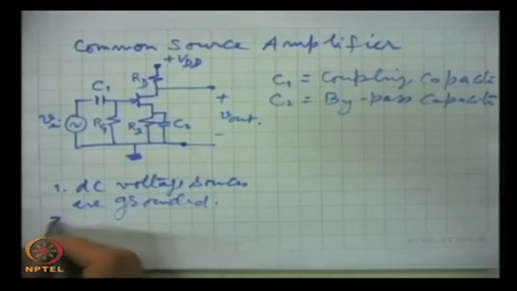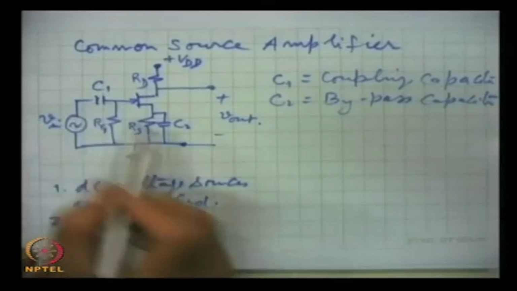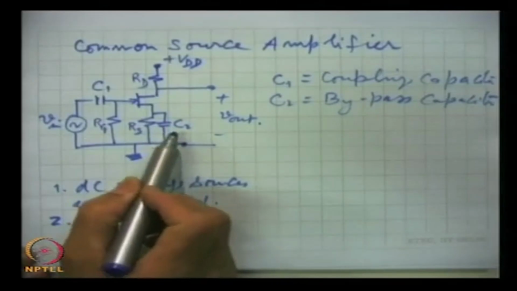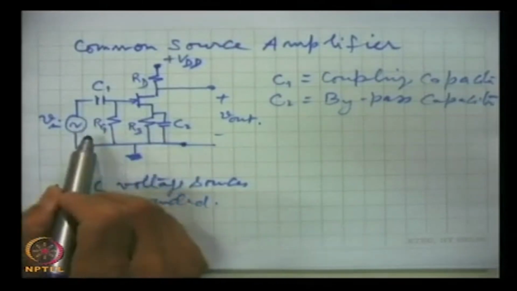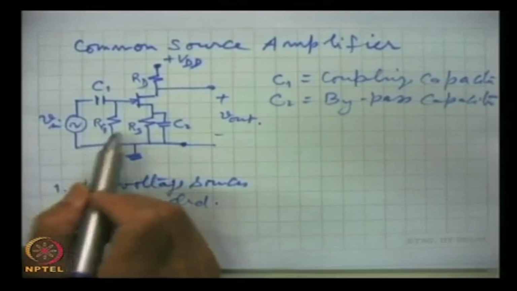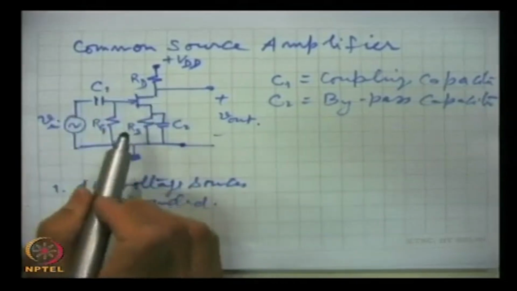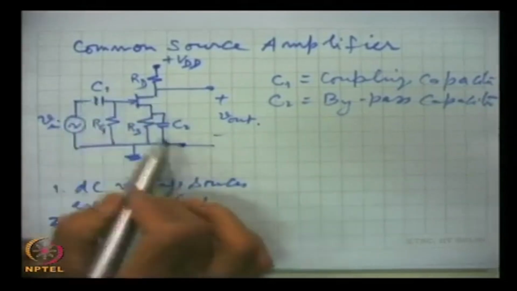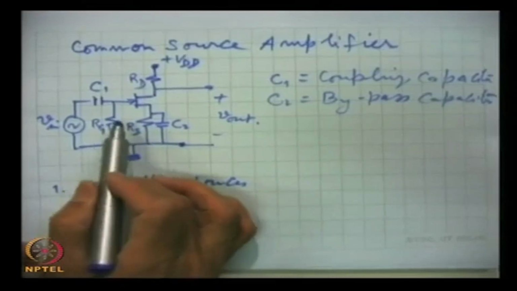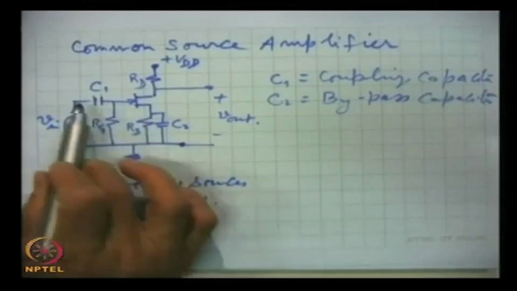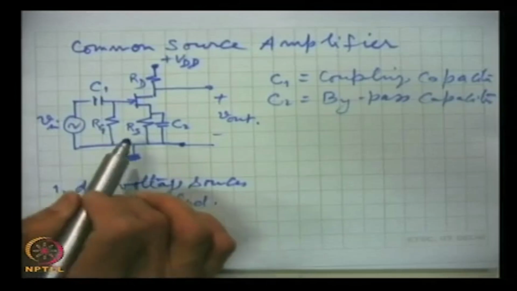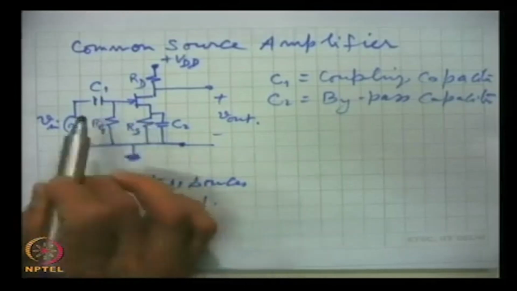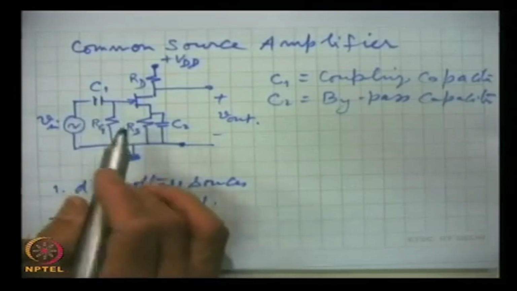The second point is that the coupling and bypass capacitors are taken as short at the frequency for which this circuit has been designed. We choose these capacitors such that the impedances offered by them at the frequency of interest are negligible, and hence they can be taken as short.